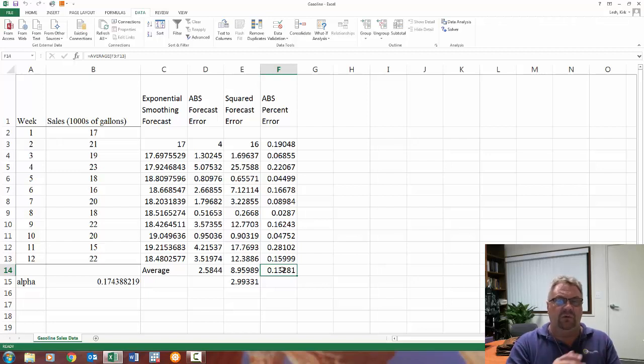The general rule is you try to minimize the average of the squared forecast error, but you can use these others. The point is that when you're picking the right forecast methodology, it's really up to you. Which methodology do you think is going to give you the most accurate forecast in period 13?